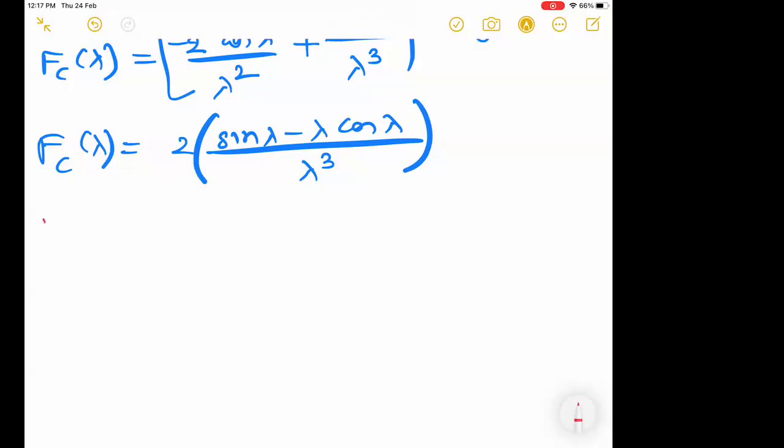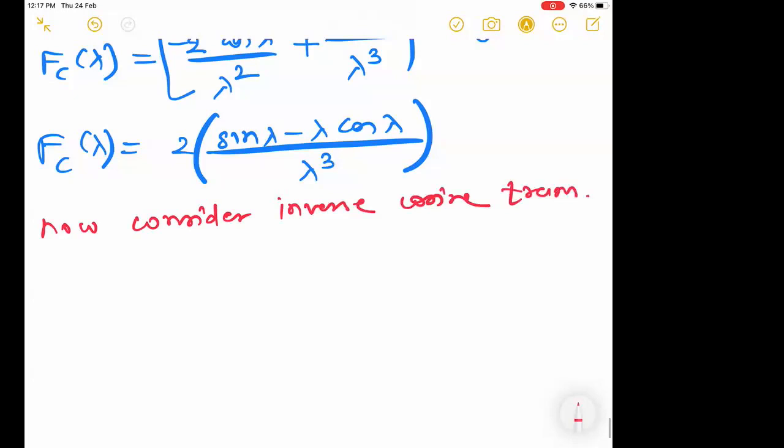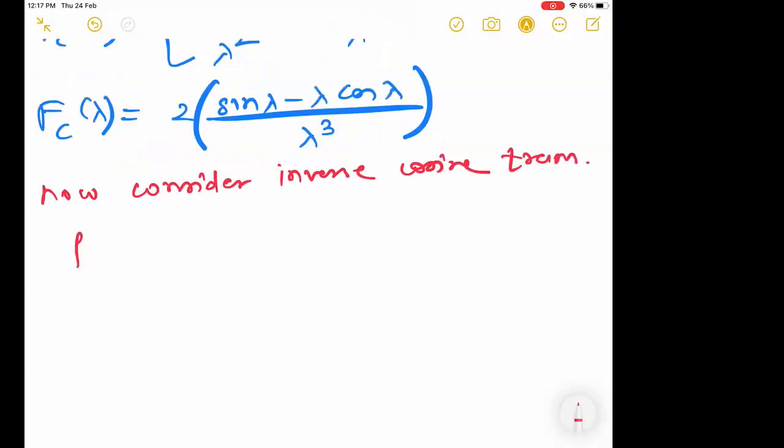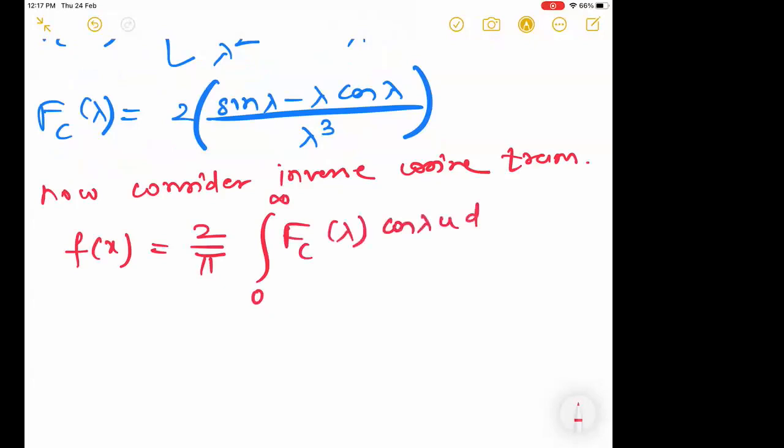Therefore, now consider the inverse cosine transform, and by definition the formula is f(x) is equal to 2 upon pi integral 0 to infinity Fc lambda into cos lambda u d lambda.